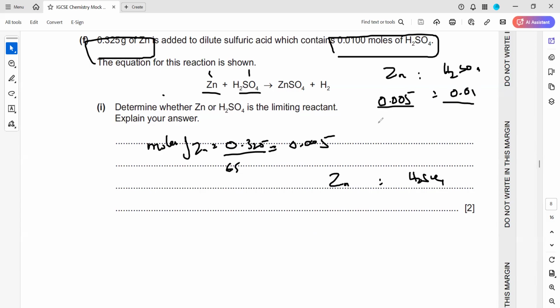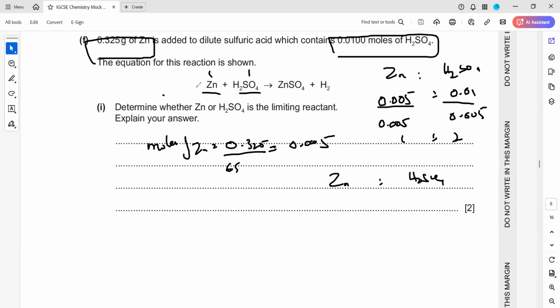If I take the simplest ratio, I divide by the smallest value, so this will be 1 and this will be 2. So the ratio is 1:2 according to the moles which we have.